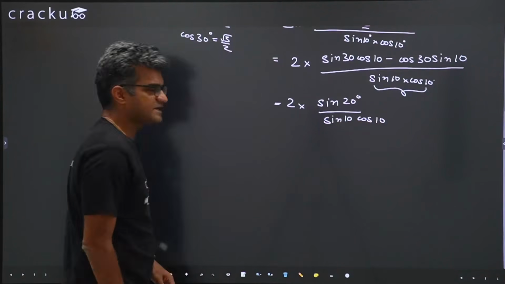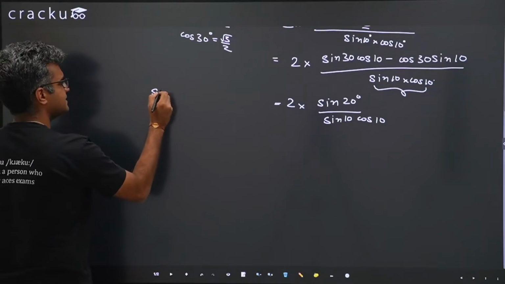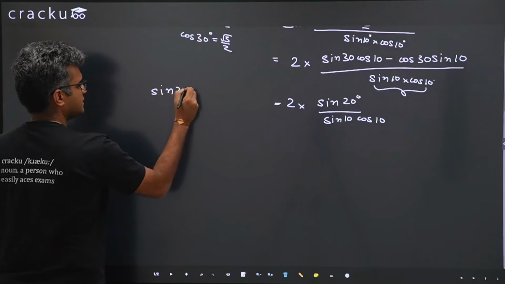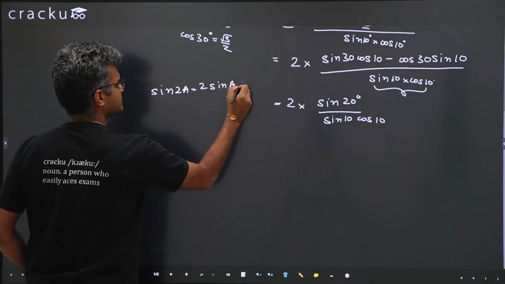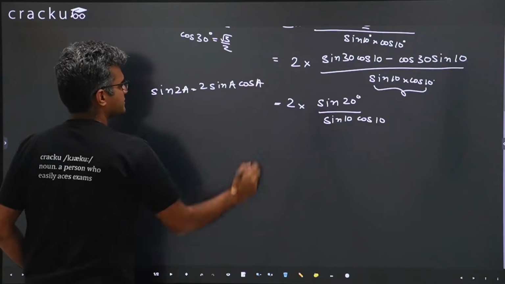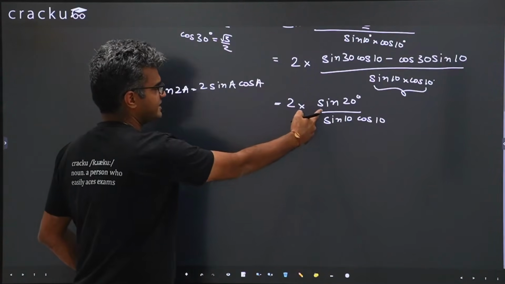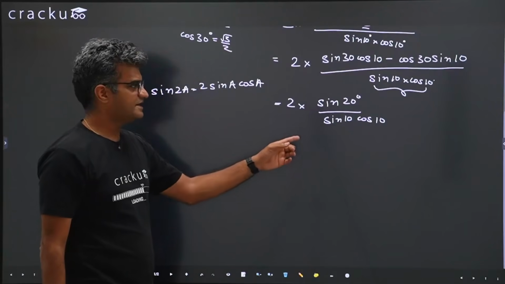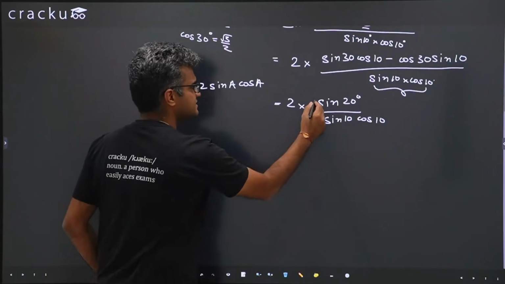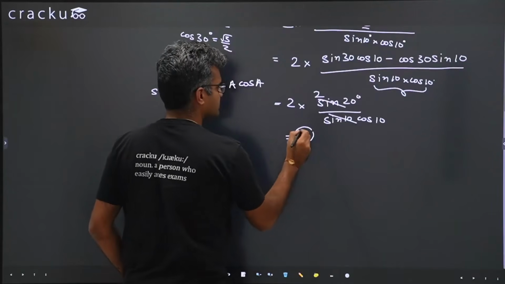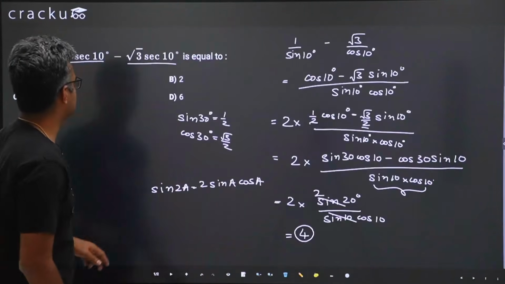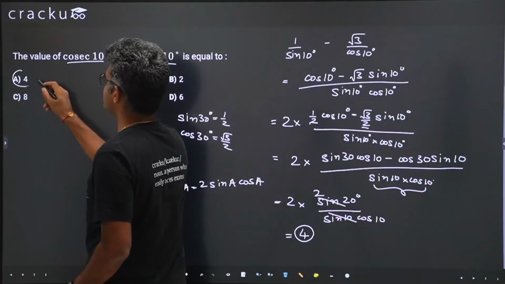Now what do we know about sin 2A? We know the formula that sin 2A is equal to 2 times sin A cos A. So sin 20 degrees is 2 times sin 10 into cos 10. So this is simply equal to another 2, which is equal to 4. So the answer for this particular question will be option A, which is 4.